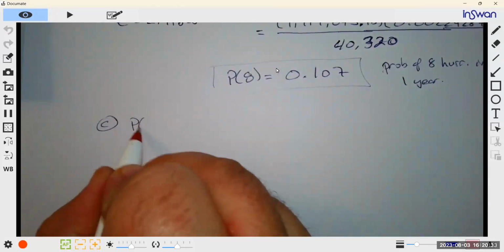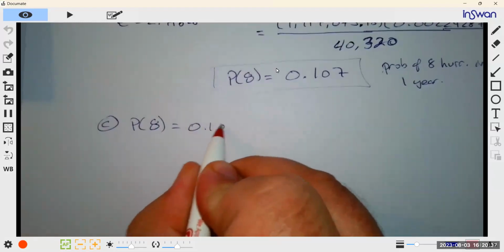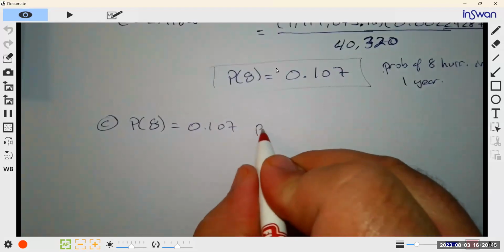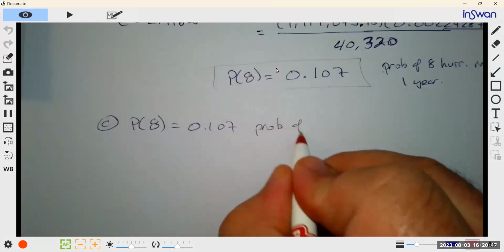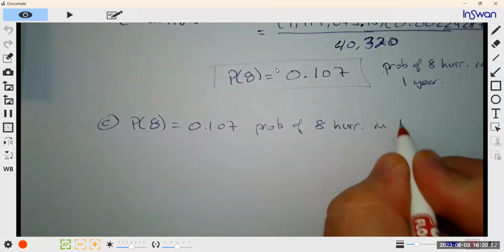So we found that P of 8 equals that probability of 8 hurricanes in 1 year.